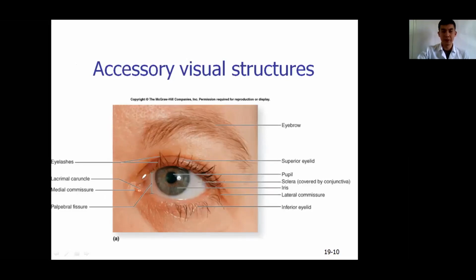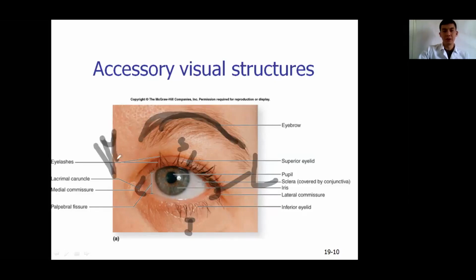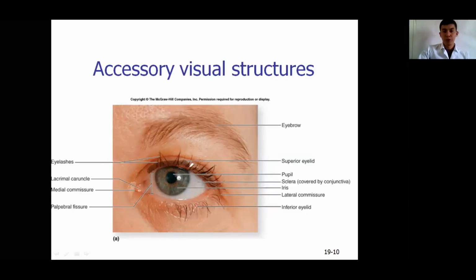We can see here the eyelids, superior and inferior, and at the edge the eyelashes, and superiorly the eyebrows, and two angles of the eye, lateral angle and medial angle. The opening between the superior and inferior eyelid is called the palpebral fissure.